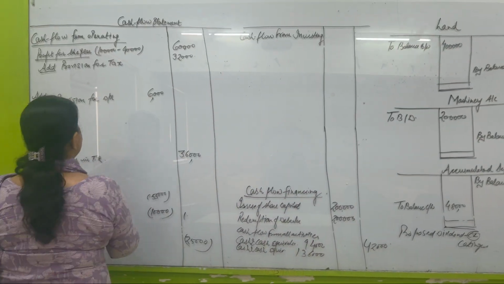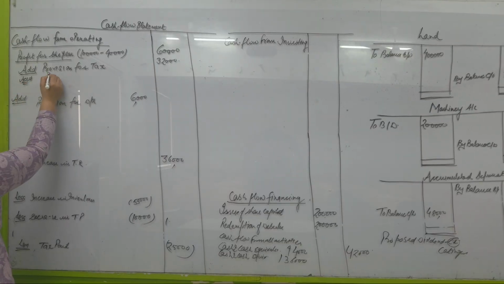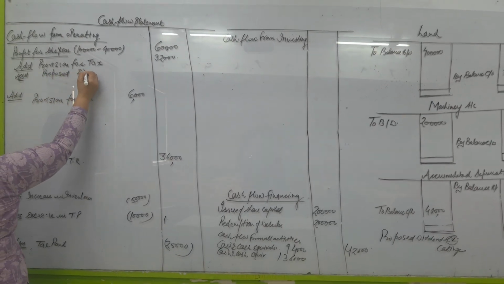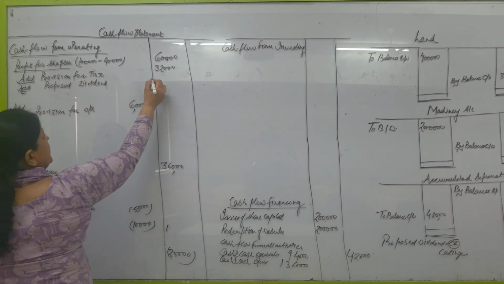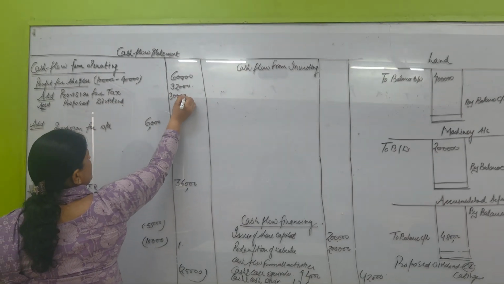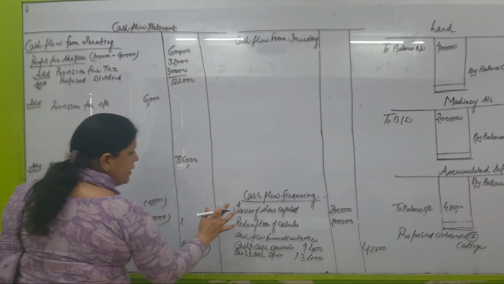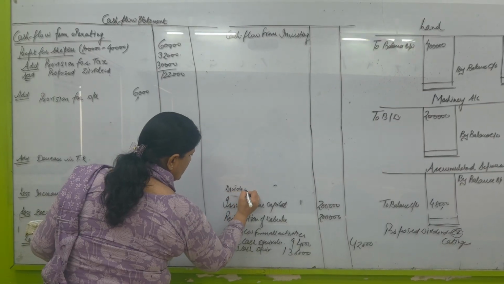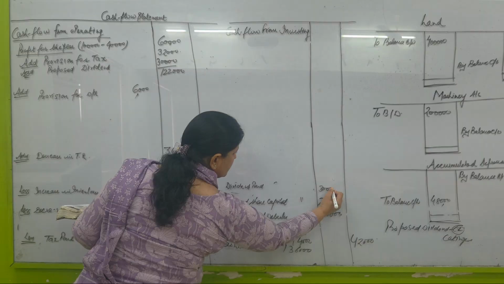And last year dividend, add proposed dividend, 30,000, and dividend paid, 30,000.